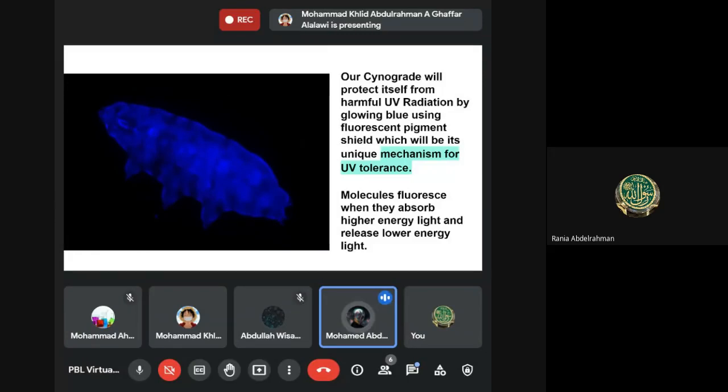Furthermore, our alien, the cyanograde, will protect itself from harmful UV radiation by glowing blue using a fluorescent pigment shield, which will be its unique mechanism for UV tolerance. Please note that molecules fluoresce when they absorb higher energy light and release lower energy light.